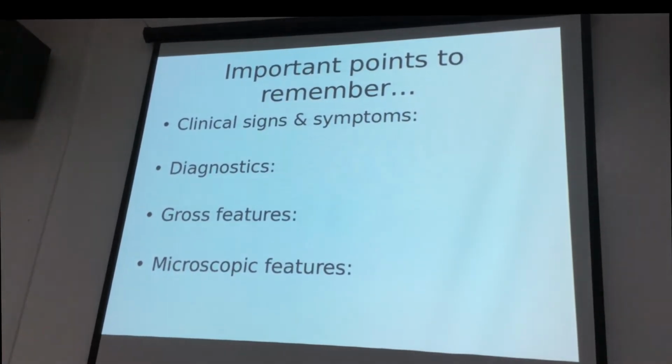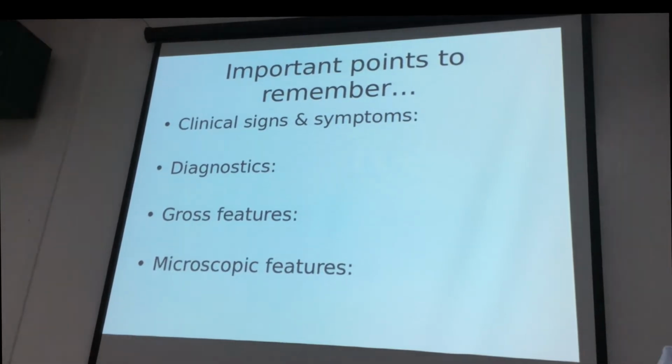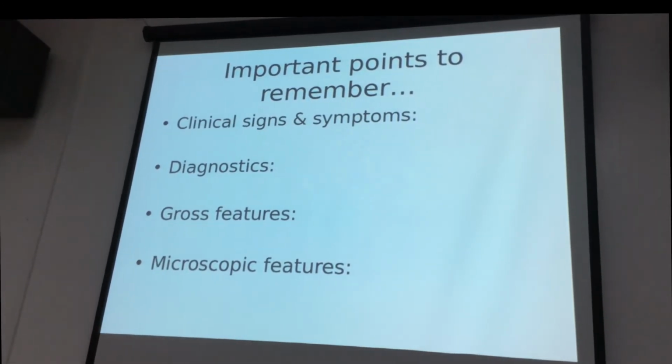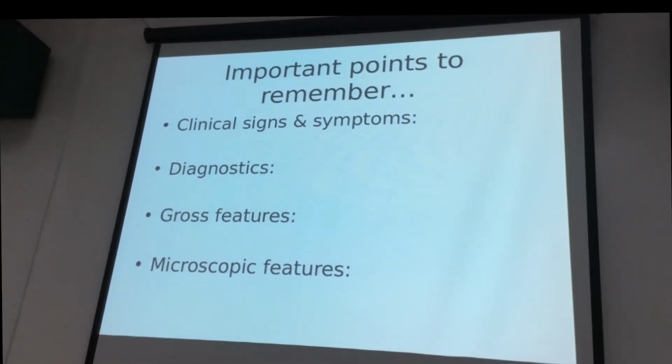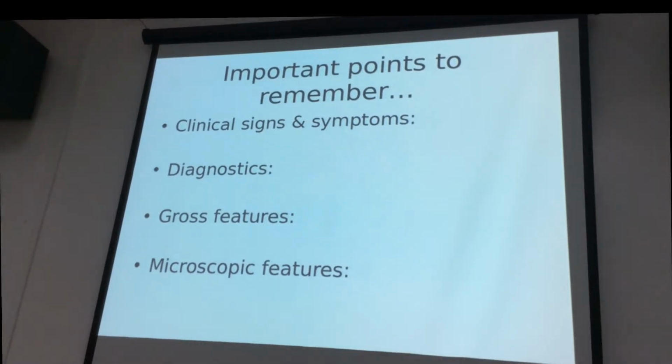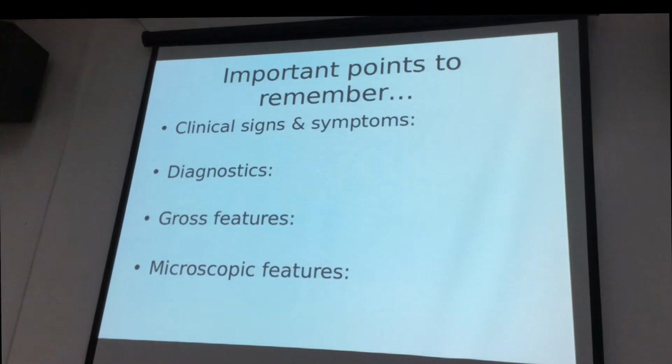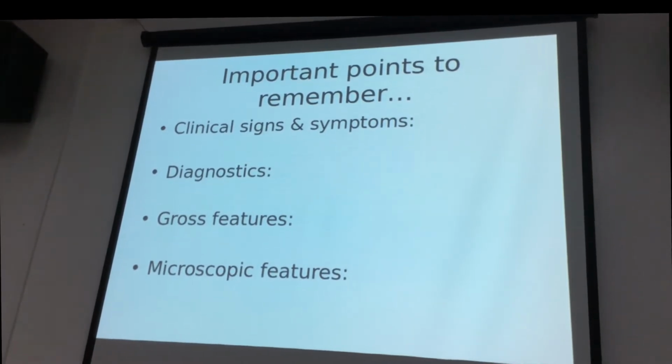Now, for the diagnostics, you should also be able to identify what laboratory tests to order, not just order all the laboratory tests available in the hospital. So you need to carefully select which laboratory tests are important for your diagnosis.